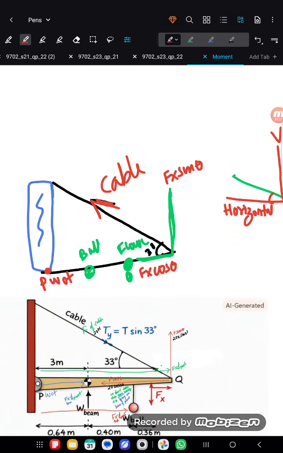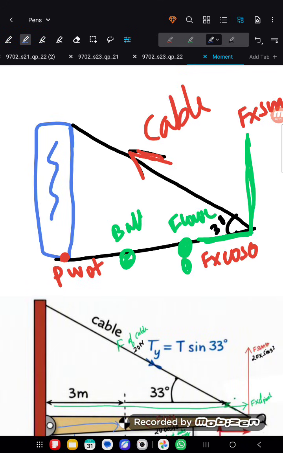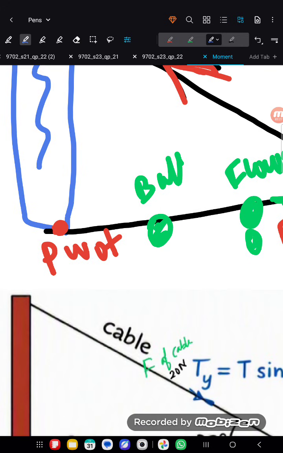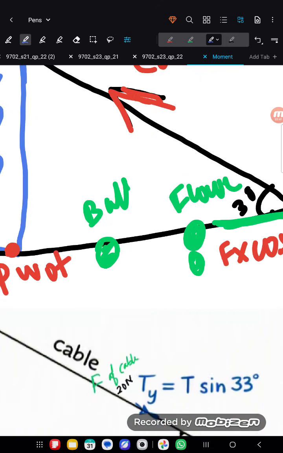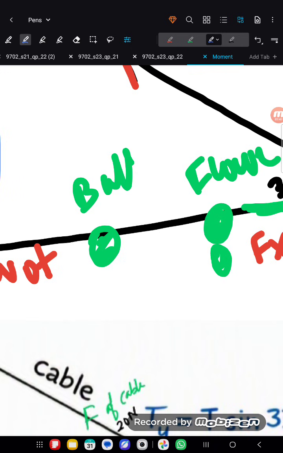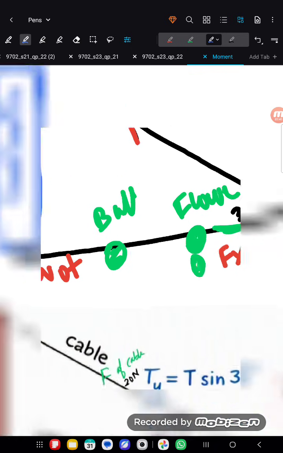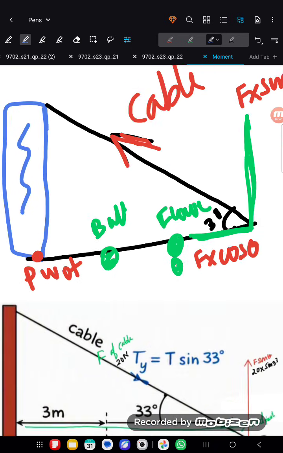Okay, so again let me repeat, if they give you this type of question, there will be a pivot point. And it is very important to know where the pivot point is, because without this point you cannot solve the question. So they will give you some weight here or some force here and a ball, flower.